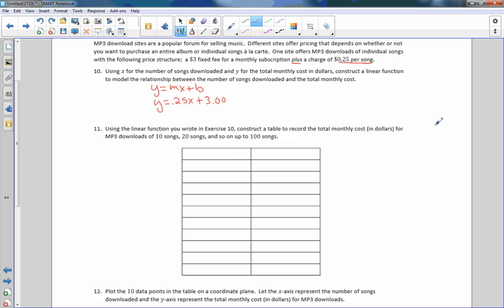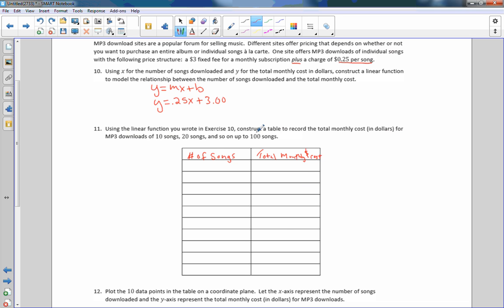Okay, so we're going to need a title, number of songs, and total monthly cost in dollars.